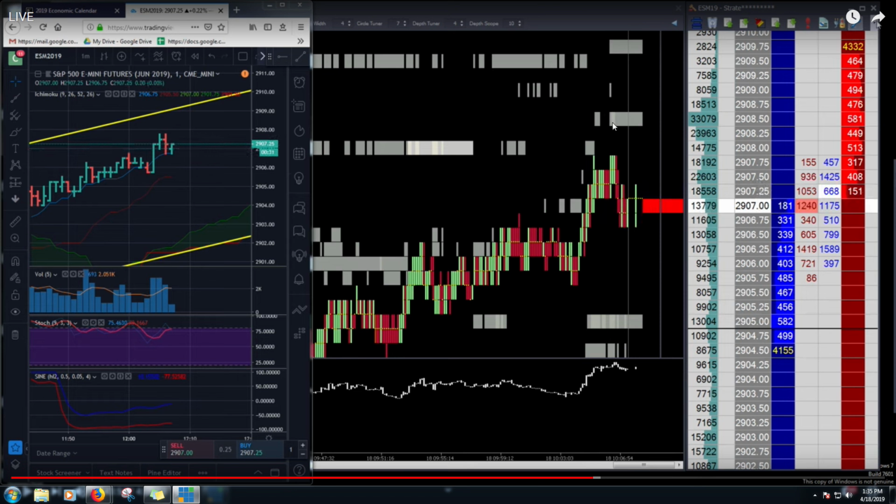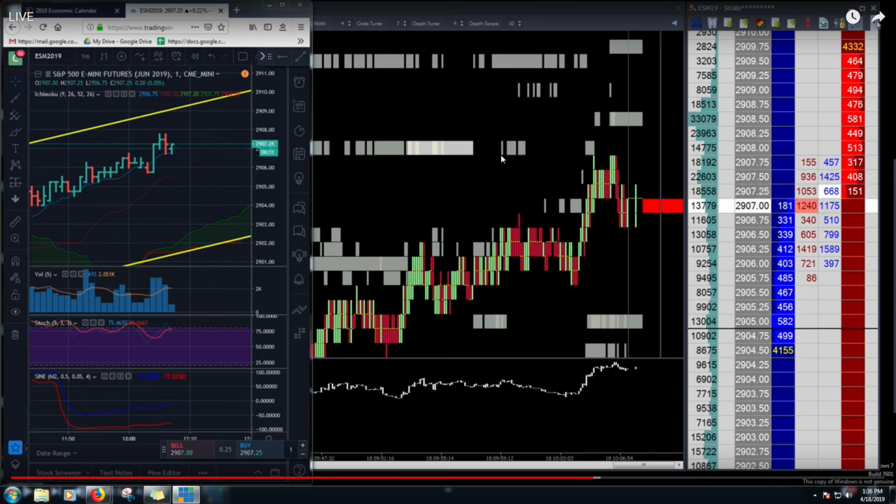And then you'll see these little white bars. That's where a lot of size has been sitting. Size sitting on the depth of market is a huge thing. And this Auction Vista helps me in the sense that if size has been sitting at one price for a good while, I want to know that information, and I can't remember it otherwise.